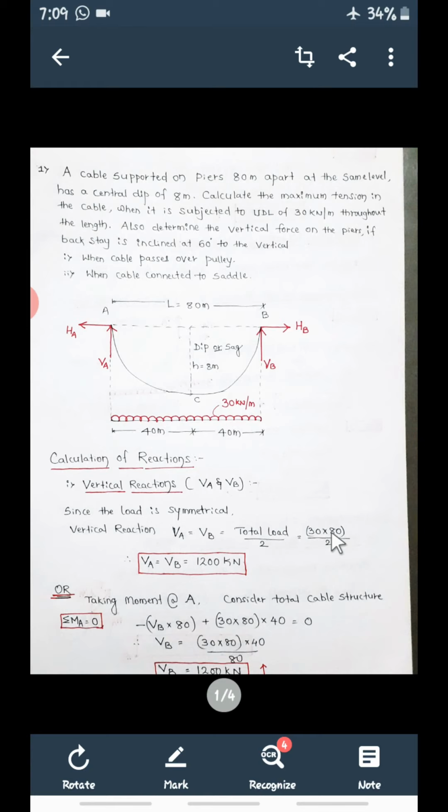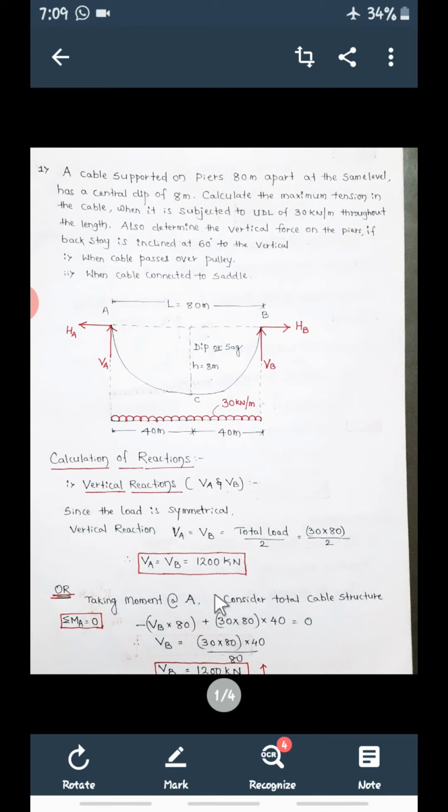So half of this total load will go to A and half will go to B. Therefore VA is equal to VB is equal to total load divided by 2, that is 30 into 80 divided by 2. So VA and VB is equal to 1200 kilonewton. So this VA and VB will be same because the load is symmetrical. Okay, so this is one way you can calculate vertical reactions VA and VB.